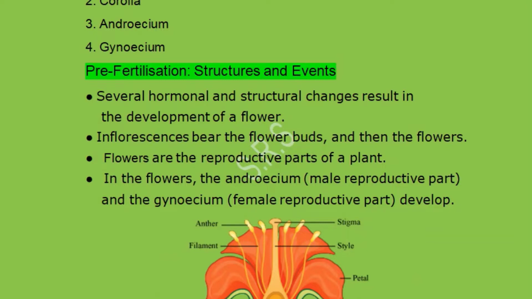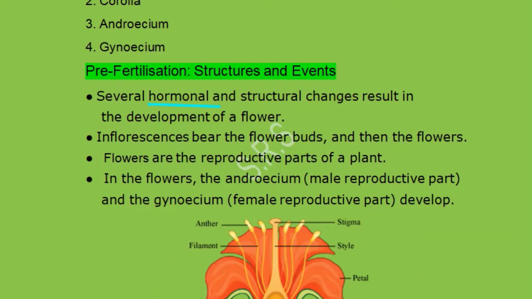Several hormones and structural changes result in the development of a flower. That means the development of a flower is the result of hormonal changes. Like human beings, hormones are present in plants also, like auxin, gibberellin, cytokinin.